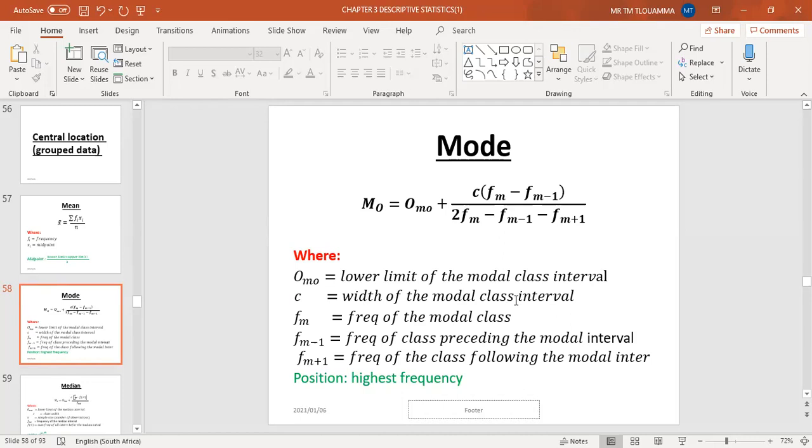So if 10 is our frequency, right, and it is in our first class limit, and our first class limit is 100 up until 200, meaning that is our first class. Let's say for example we have 10 as the frequency in our first class, the second class is 3, then lastly we have 1.